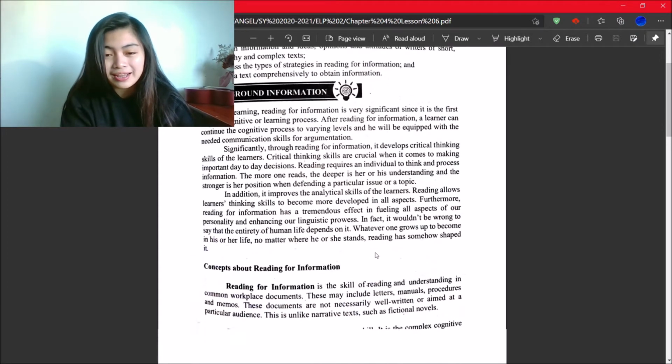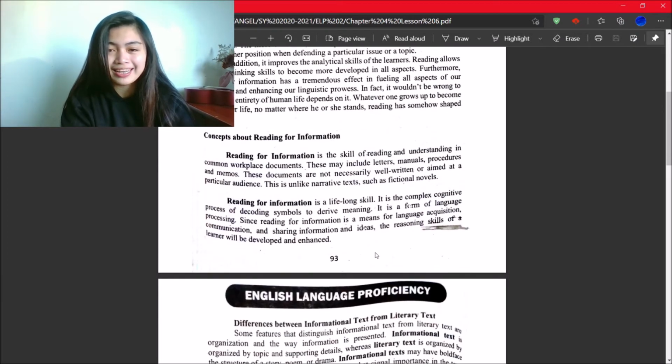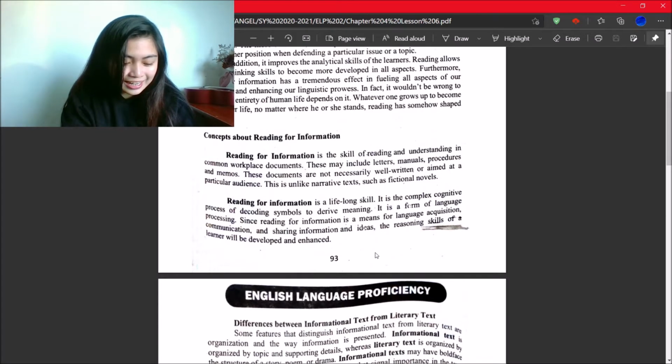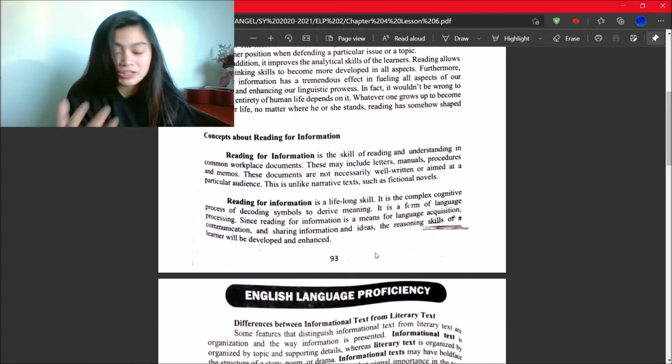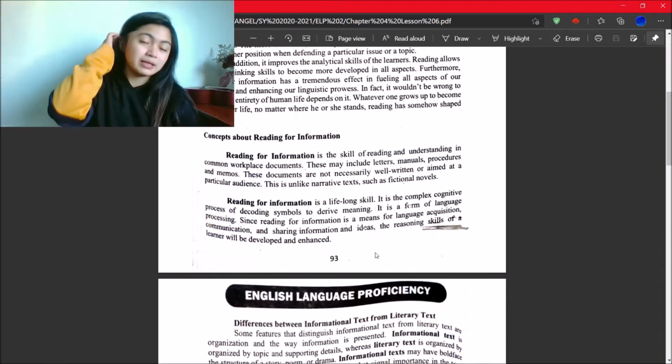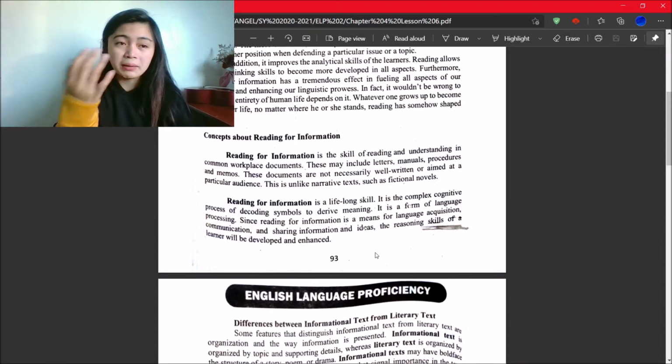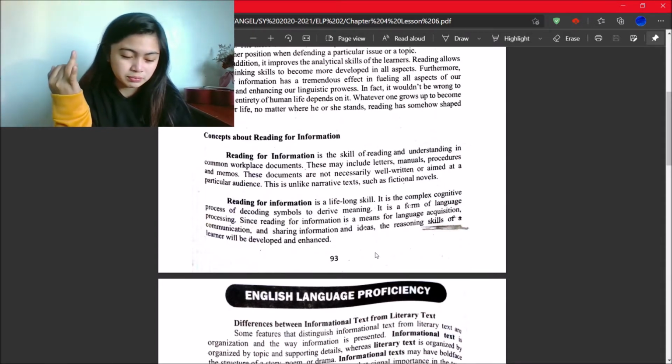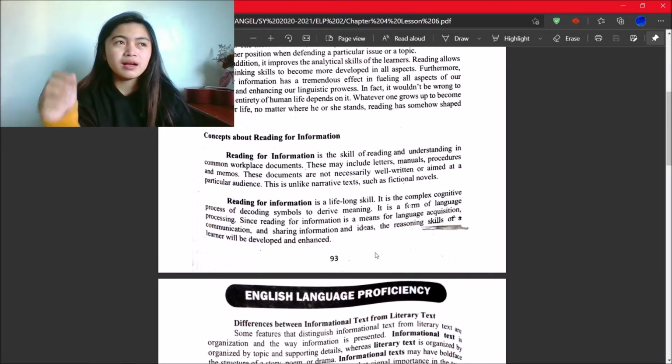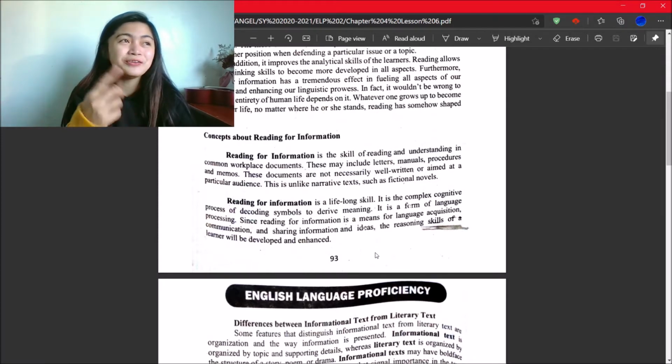So, sabi nga, reading for information is a skill that is common in workplace documents. So, for example, in our letters, manuals, procedures, and memos, reading for information talaga is one area niya.